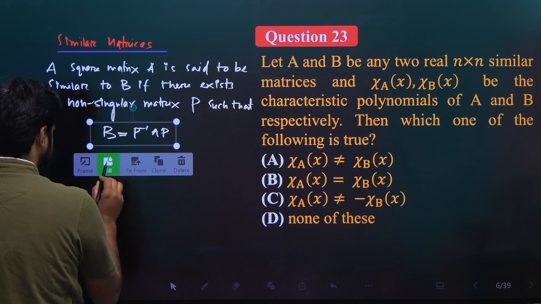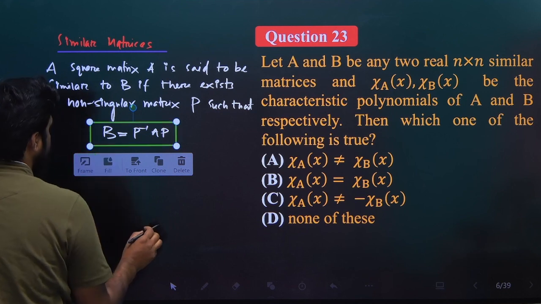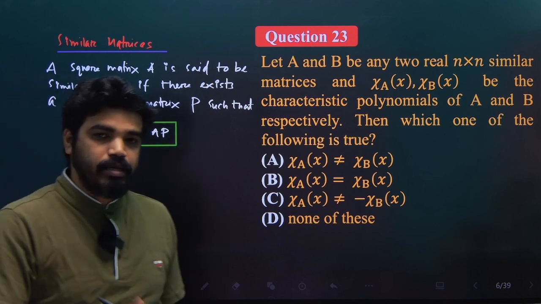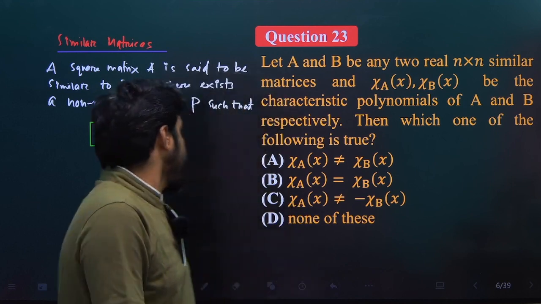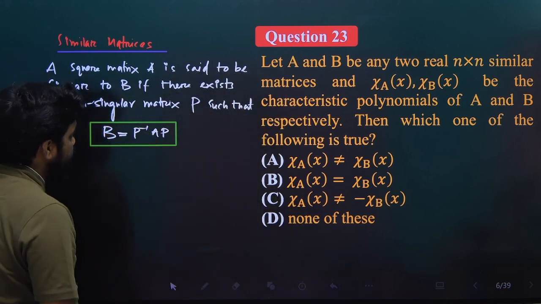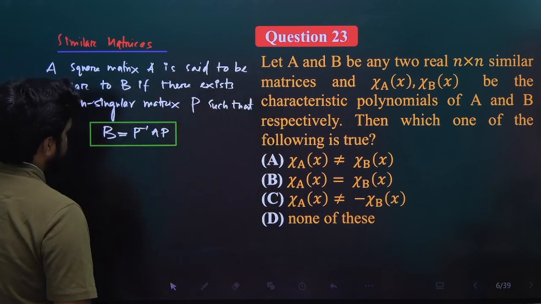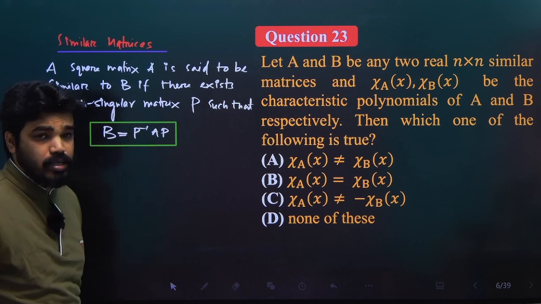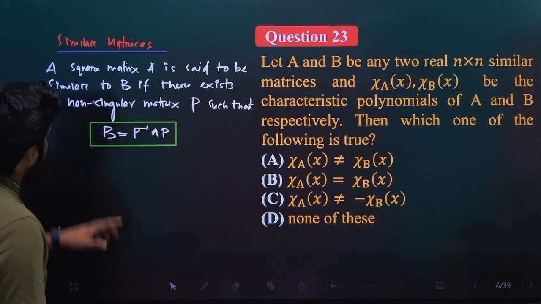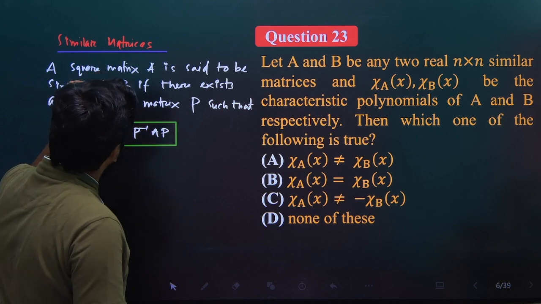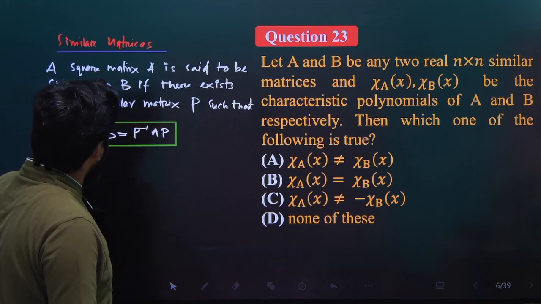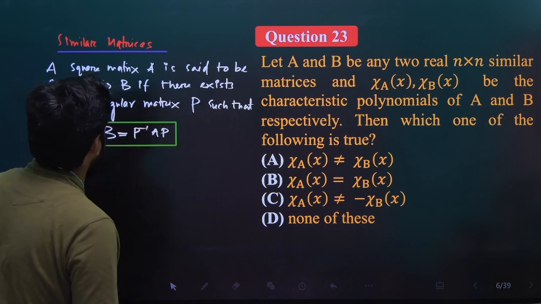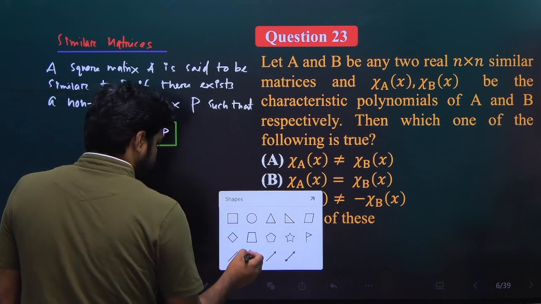So this is the definition of similar matrix. That is, A is said to be similar to B if there exists a non-singular matrix P such that B is equal to P inverse AP.